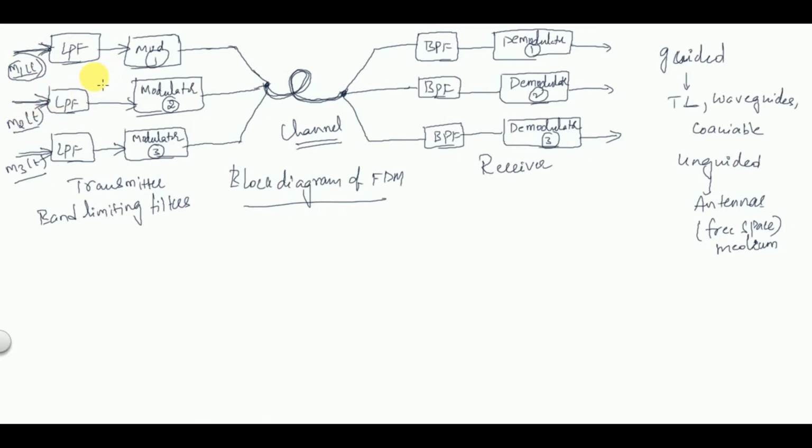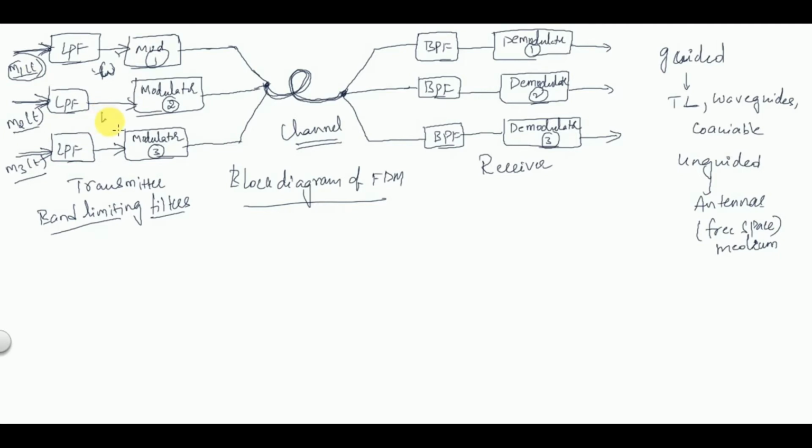So in order to limit the frequency of the message, we pass it through a low pass filter, which is called a band limiting filter. W is the highest frequency present in it, so that is the bandwidth of the message signal M1 of t.